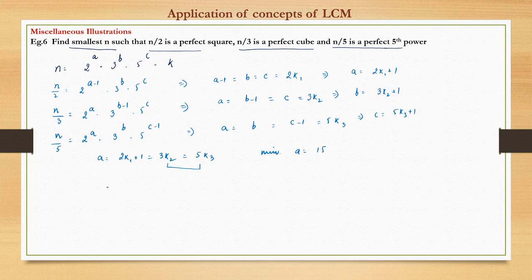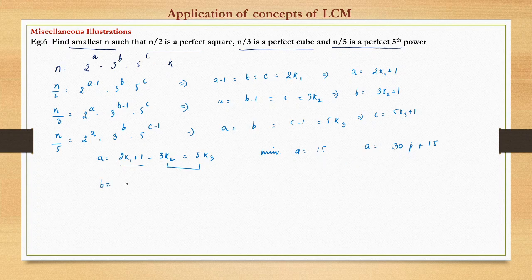And 15 also satisfies this equation, 2 into 7 plus 1. So a can be a minimum of 15, and generally a can be written as 30 times some variable p plus 15. So minimum a can be 15 here.